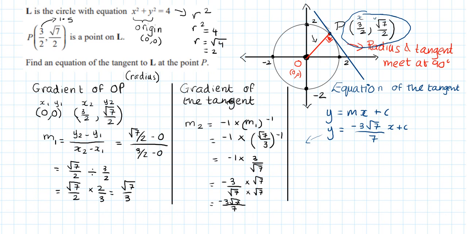So where y is, I'm going to substitute root 7 over 2 is equal to -3 root 7 over 7 times the x value plus c. So that'll be -9 root 7 over 14 plus c.